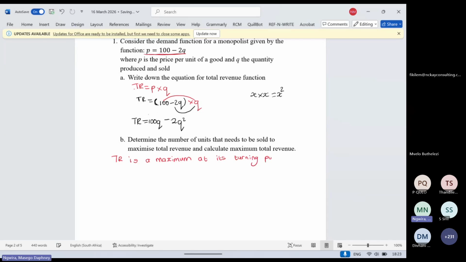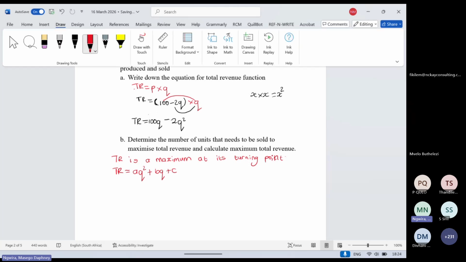And then I need to calculate the units at its maximum, and we have the formula. Let me write this so that we don't forget. The total revenue as a quadratic is going to be AQ squared plus BQ plus C. This is the standard form of a total revenue quadratic function.